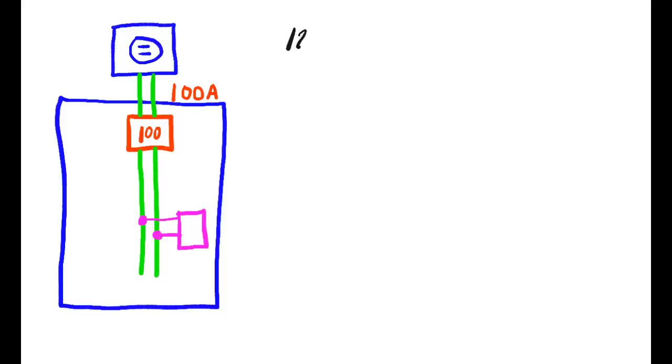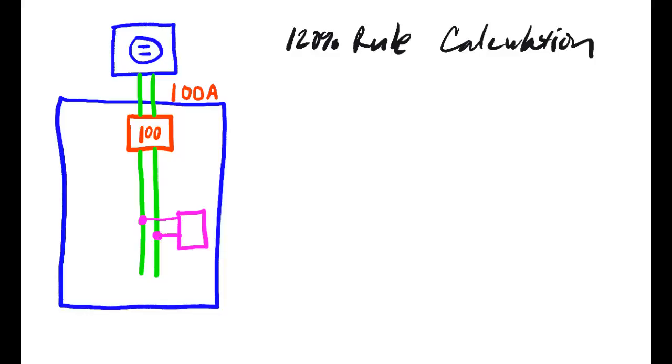So here is the 120% rule calculation. What we do is we take the rating of the main service, which is 100 amps. We multiply that by 1.2. That gives us what? 120.